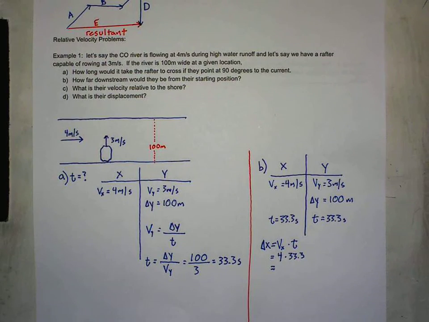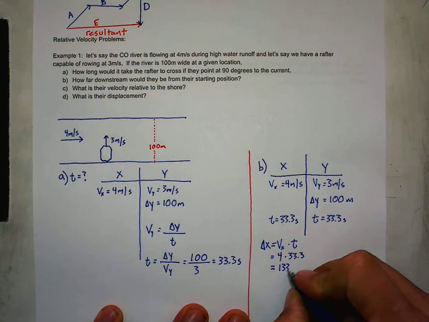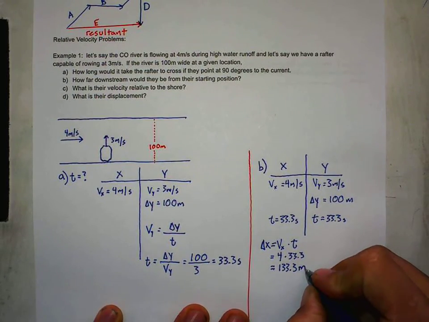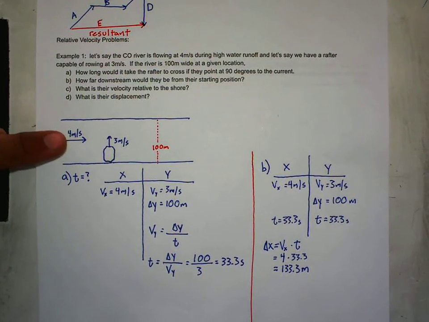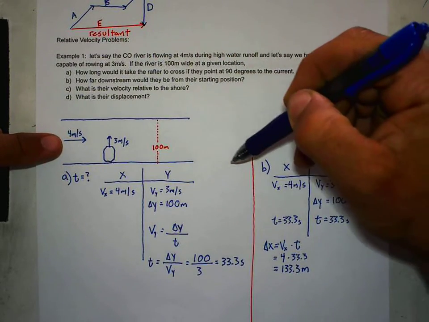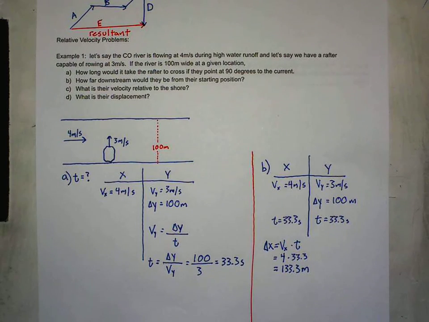Can somebody punch that one in for me? 133.332. 133.3 we'll call it, and we are in meters. Notice since the river is going faster than the person can row, they are further in the x direction downstream than they got in the y direction. Does that make some sense?